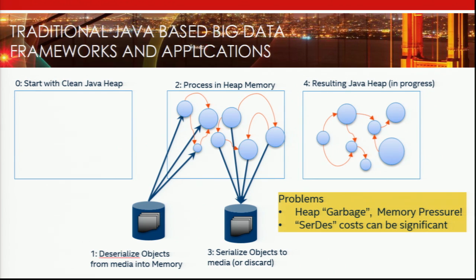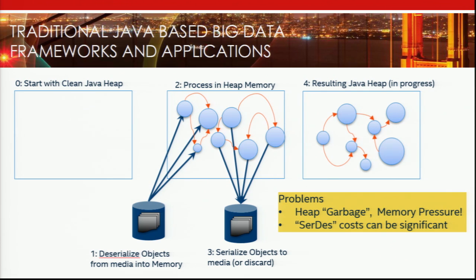After the program completes, there's something inside the Java heap that needs to be cleaned. Even when the program is completely done, other threads come in to use it, and there's a lot of garbage to clean. Also, during serialization and deserialization, a lot of temporary objects are created and need to be cleaned up.